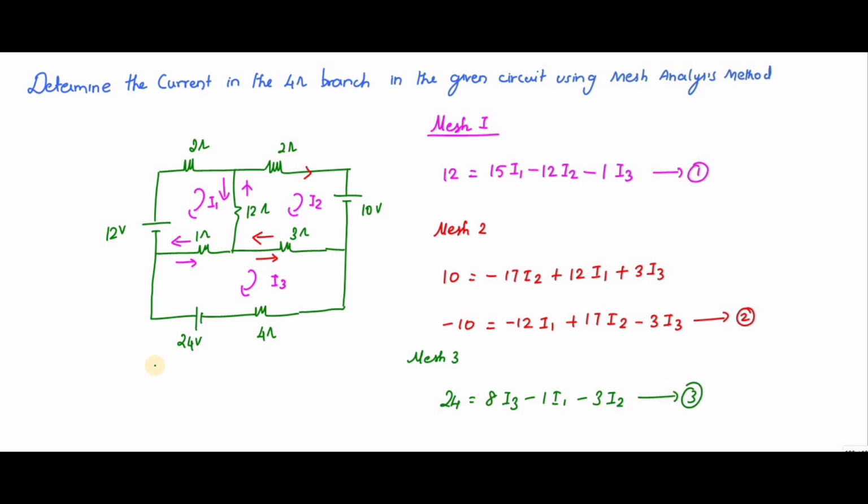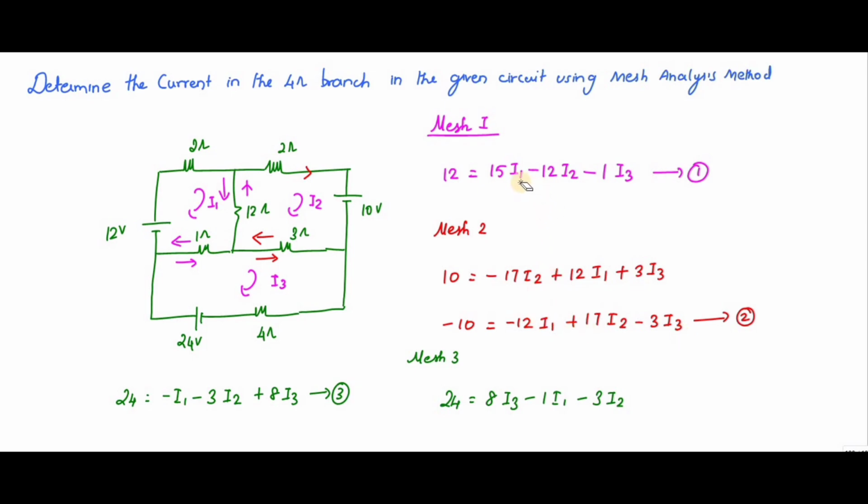This is my third equation. So I can write it as 24 is equal to minus I1 minus 3 I2 plus 8 I3. This is my third equation.